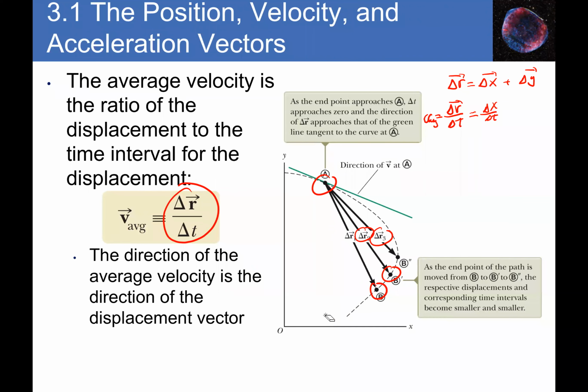So here's technically what I have. This is by how much I change my X, and this is by how much I change my Y. And then when I go from A to B, instead of delta R, I can use the combination of delta X over delta T plus delta Y over delta T, which means I'm looking at each separately, but combining them to get delta R.